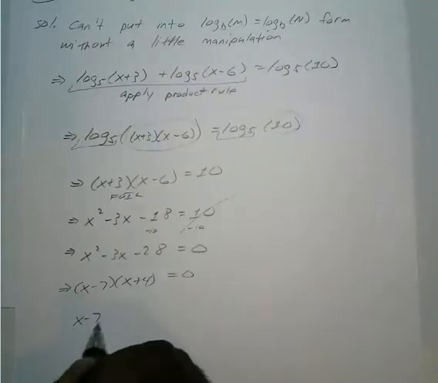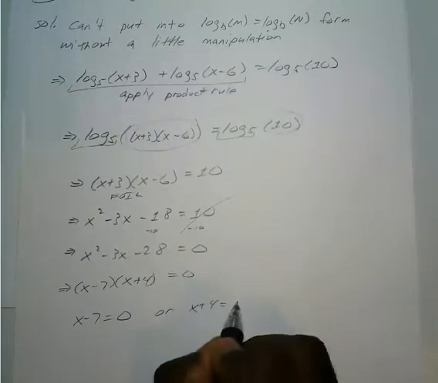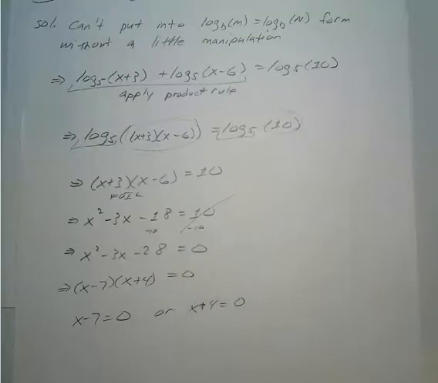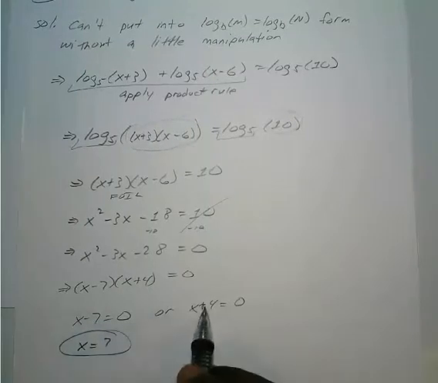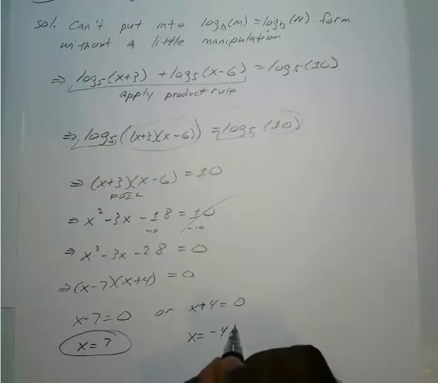So x minus 7 can equal 0, or x plus 4 can equal 0. So if we add 7 to both sides, we have x equals 7. We subtract 4 from both sides, we have x equals negative 4.